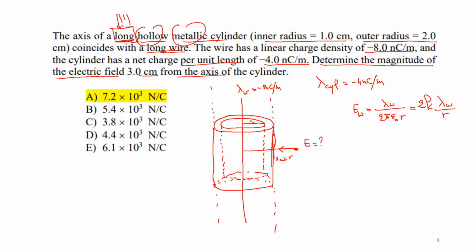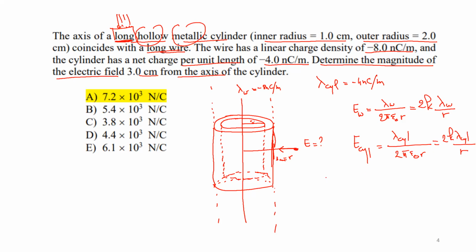Basically, I can consider it as a long wire, whose linear charge density is located in the axis, and I'm looking at the electric field at a distance r. So E cylinder is just lambda cylinder divided by 2 pi epsilon naught r. So that means this is just 2k lambda cylinder divided by r.